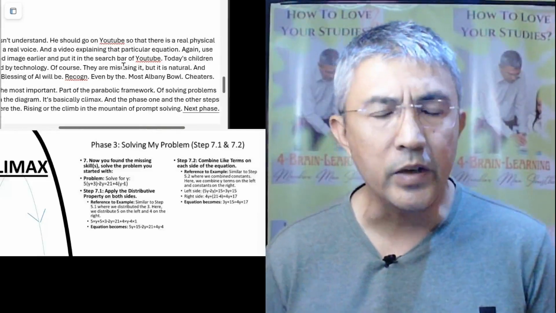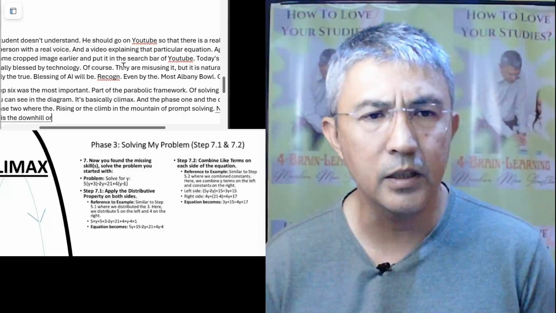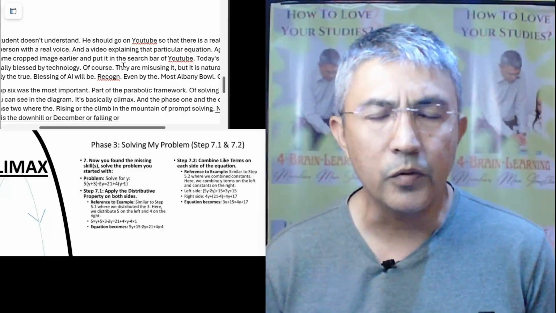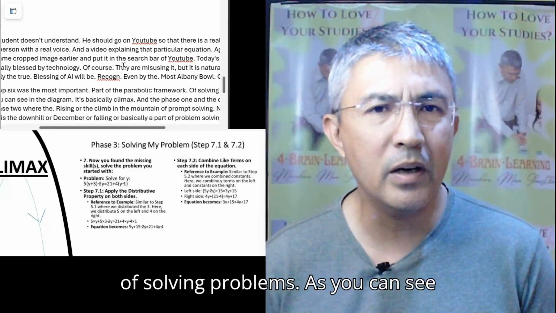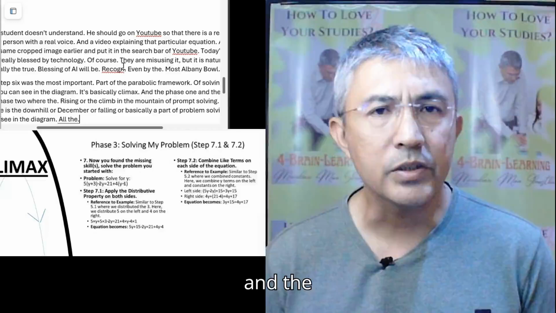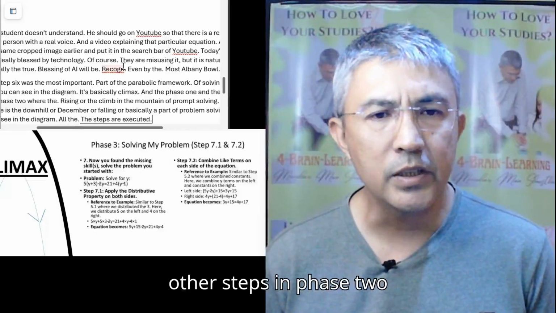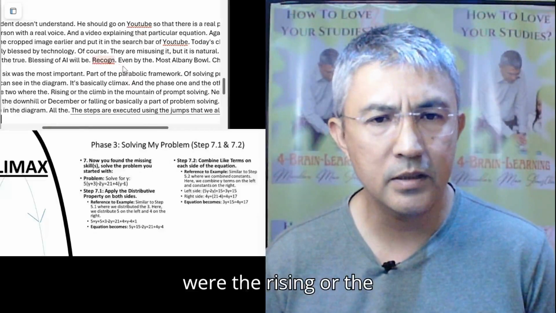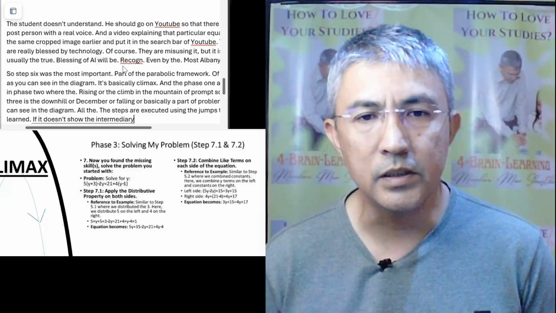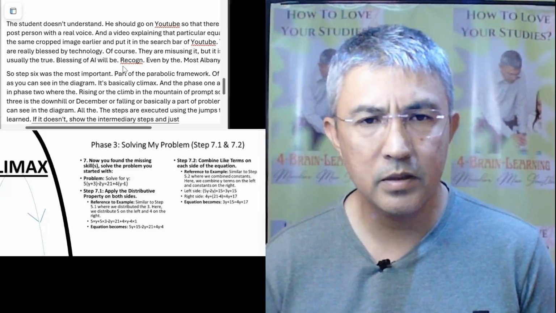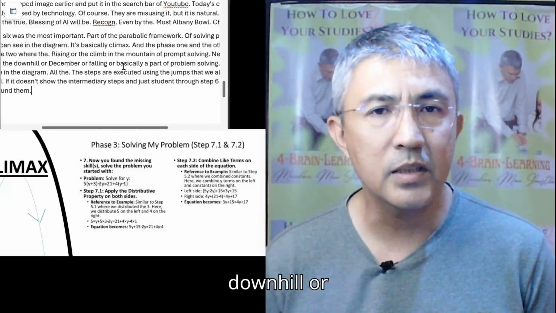Next, phase 3 is the downhill or descending or falling, or basically the easy part of problem solving. As you can see in the diagram, all the steps are executed using the jumps that we already learned. If the book doesn't show the intermediate steps and jumps, the student through step 6 would have found them.